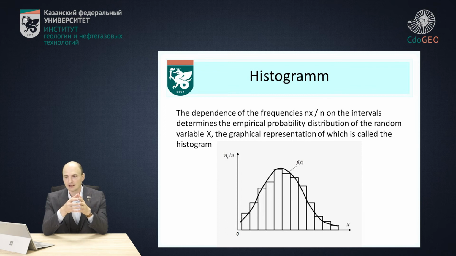For example, if we take the histogram of the porosity distribution, we can find out that we got only a few wells with a porosity, let's say, less than 10. We got a lot of wells with a porosity between 10 and 15, and we got a few wells with a porosity more than 15. That histogram shows us the distribution of our variable.